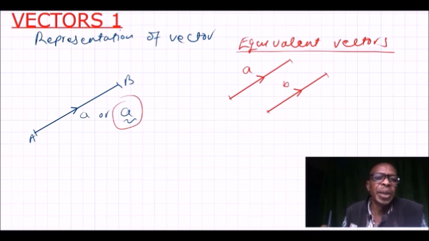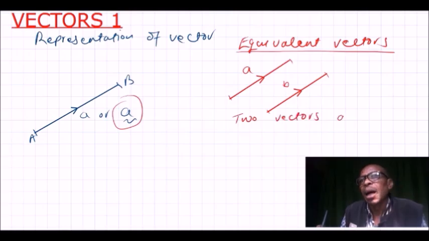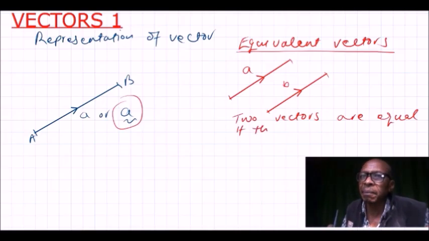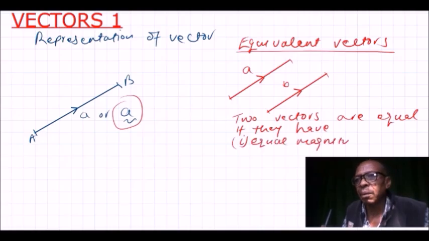So we say two vectors are equal if they have equal magnitude and same direction.